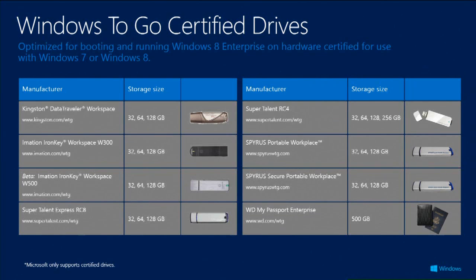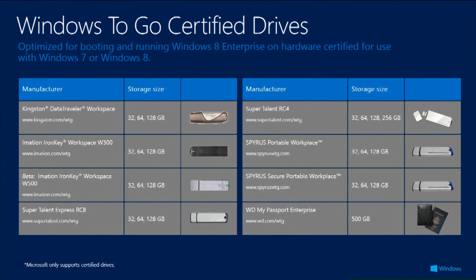Most of these drives are flash drives, and they start at about 32 gigabytes. The My Passport down in the bottom is an interesting one. It's a spinning drive, very high capacity, 500 gigabytes. It meets all of the performance requirements of a Windows to Go drive. So that's one of the differentiators there.